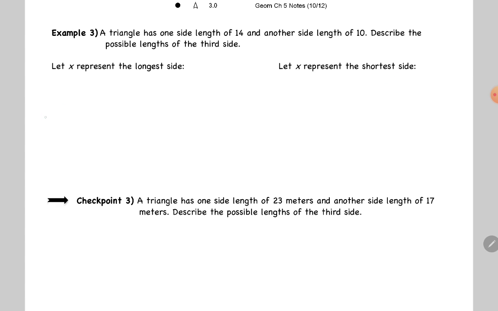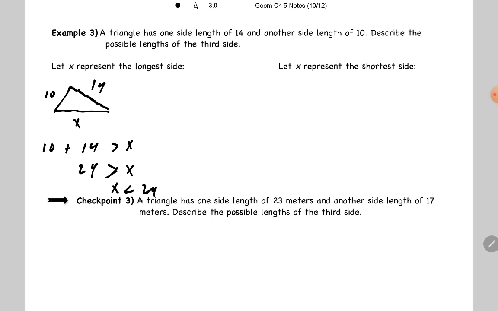If it is the longest side, then we have 10, 14, and then X. That means 10 plus 14 has to be bigger than X. So X has to be less than 24.